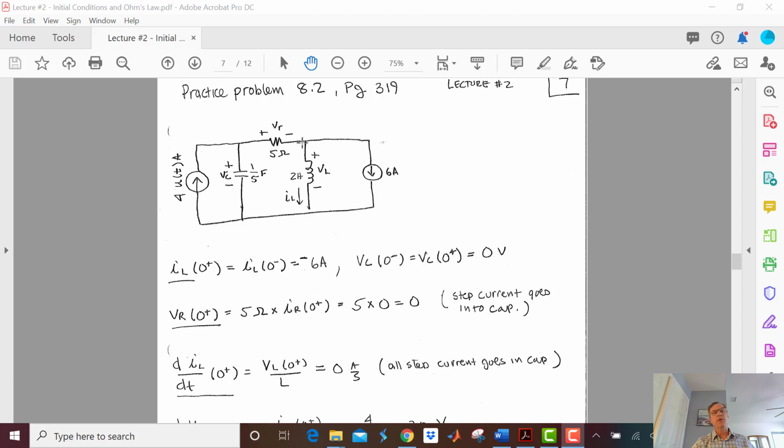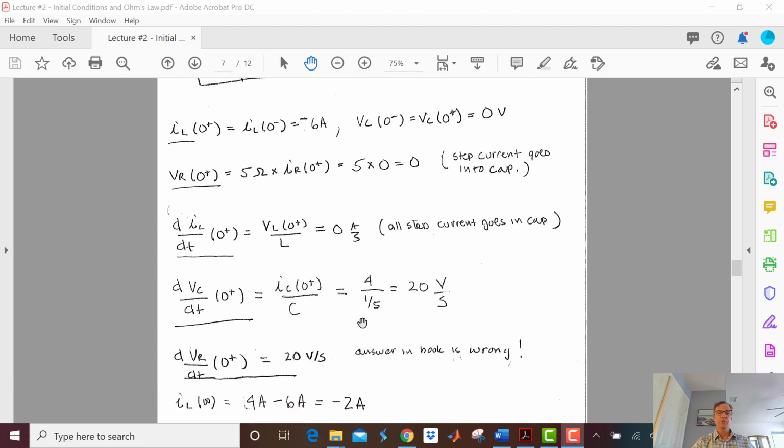So 4 times 5 is going to be 20 volts from here to here. Now I know that I'm going to start at 0, go up 0, go up 20, and I'm at 20 volts. Or in other words, I guess I could have just said VR from plus to minus is going to be just 4 amps times 5 ohms, or 20 volts.